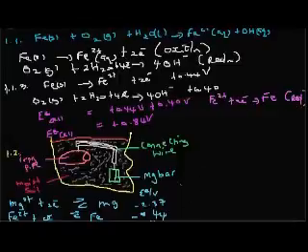So the first question is saying use the table of standard reduction potentials to explain why magnesium can be used to protect an iron pipe against rusting. For our iron to rust, that particular reaction needs to be an oxidation reaction.